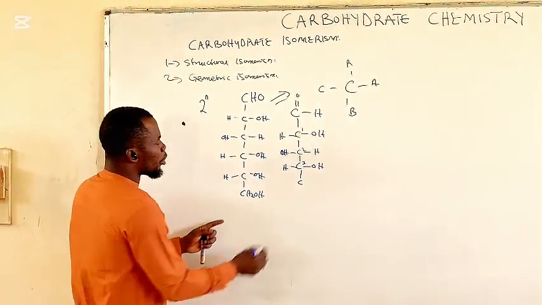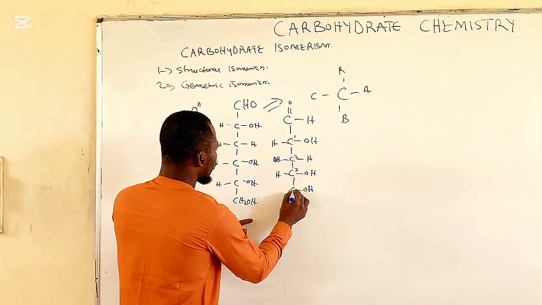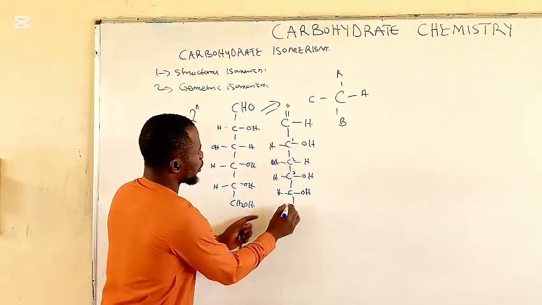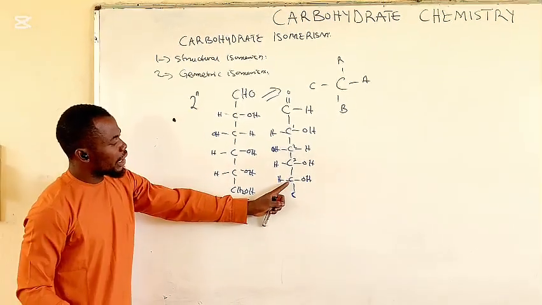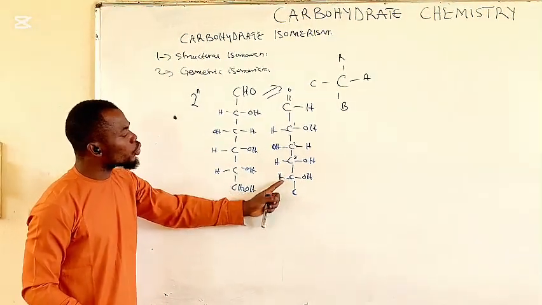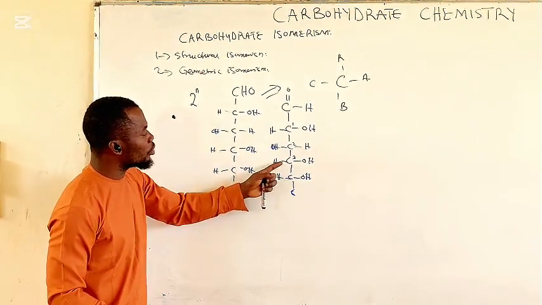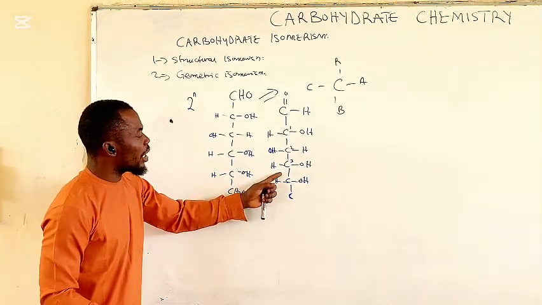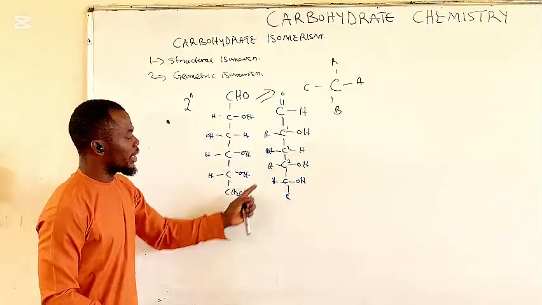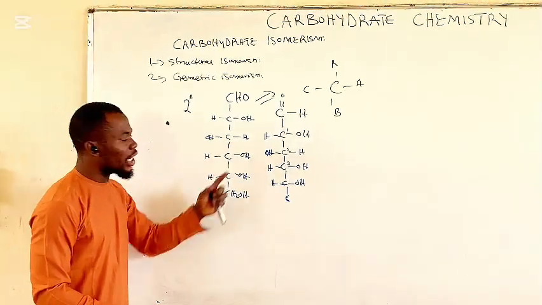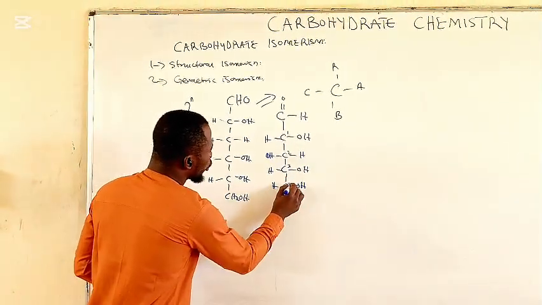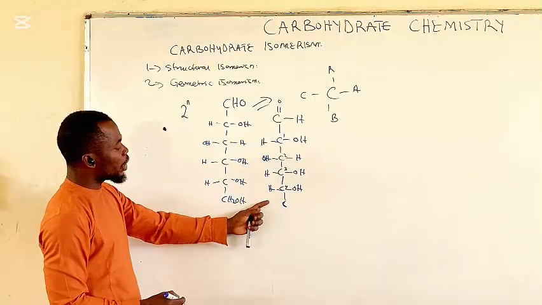Now the 5th carbon. This 5th carbon is also asymmetric because it is similar to carbon number 1, 2 and 3. It has four different groups attached to it. So this is our fourth asymmetric carbon atom.